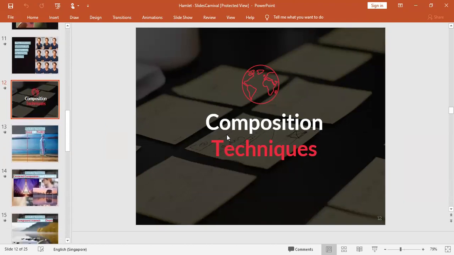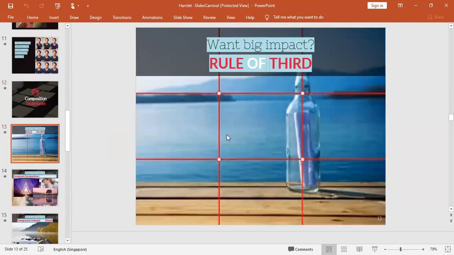The first composition we learn is the rule of thirds. Say you are doing a model shoot, or mobile phone marketing, or taking an object.